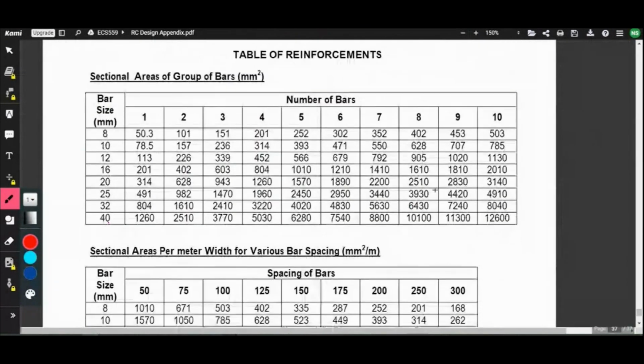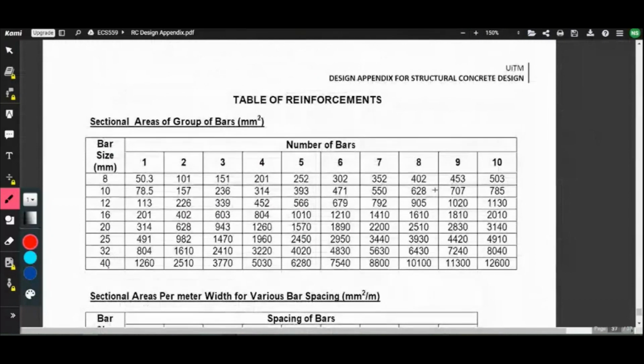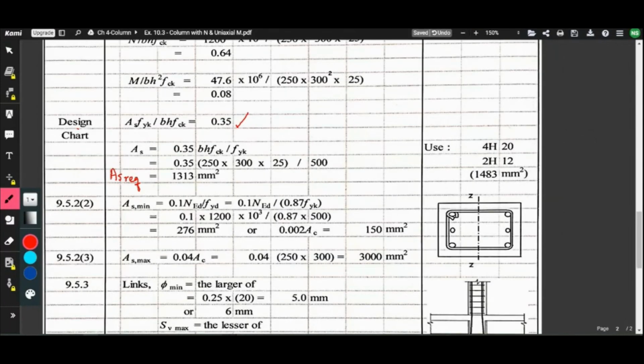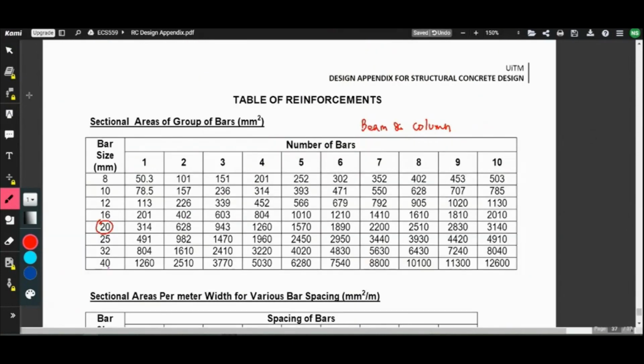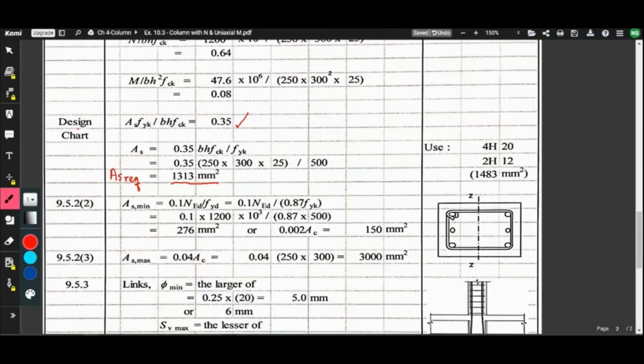We will use table number 1 because this is for beam and column. For bar size 20, As required is 1313. So you can provide for H20.